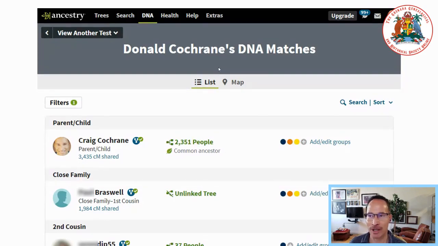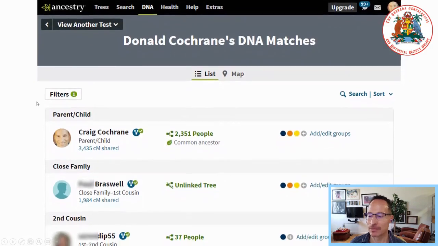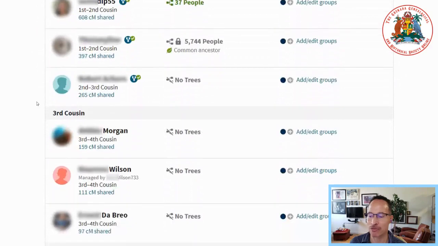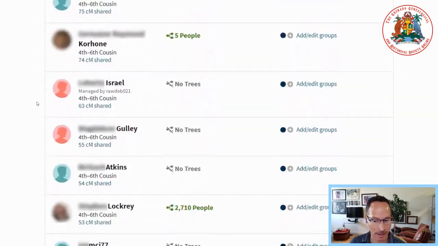And I've already clustered my dad's results. So this dark blue circle, these are all people descended from Grenada.